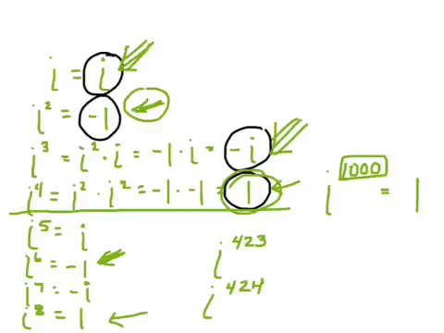If it is, which 424 is, then that would be the same as 1. And according to the pattern, 423 would be the one previous to 1, which is negative i. So that's how those ones work out, where you're looking at how they are related back to multiples of 4.